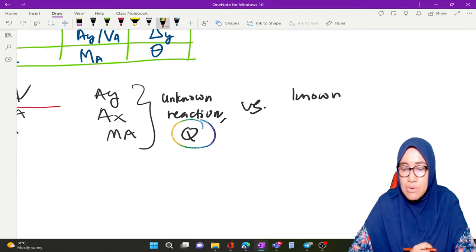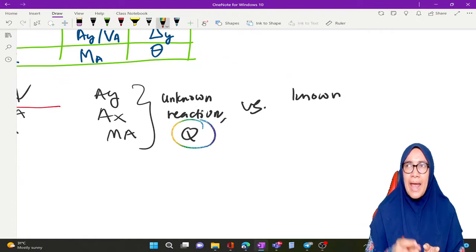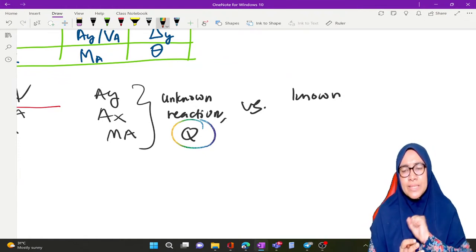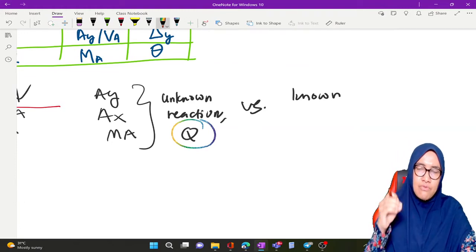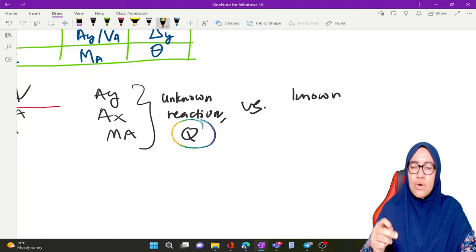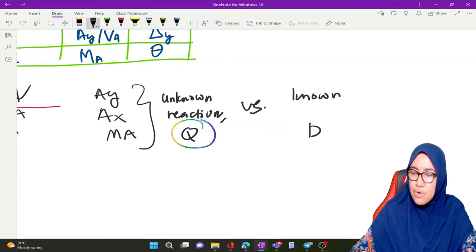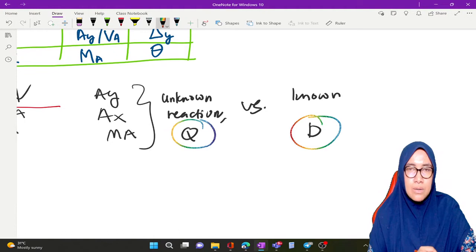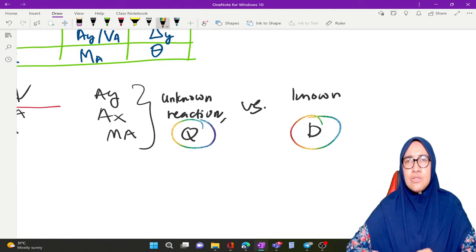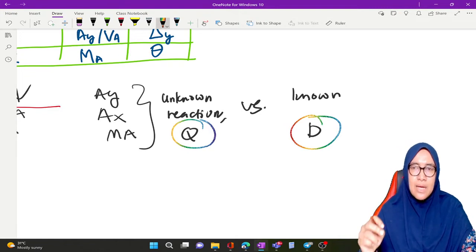So as I mentioned, between Q and D, the condition is always opposite. If Q is unknown, known belongs to D, known displacement. So what is the value if we call it known displacement?